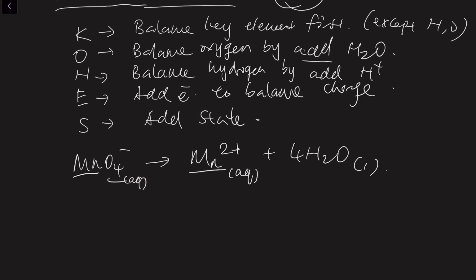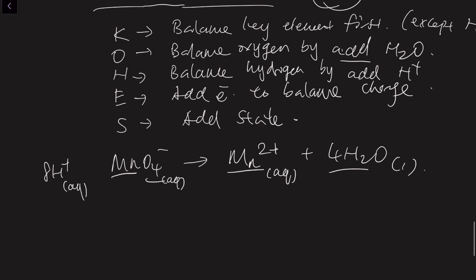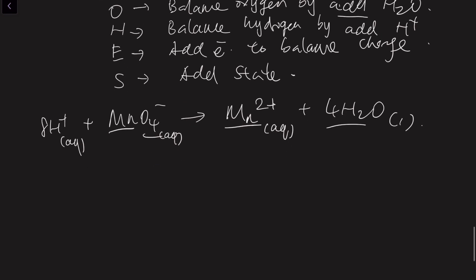Now let's balance the hydrogen. We have 8 hydrogen on the right, so we need 8 on the left. Now let's balance the electrons, balance the charge. So the charge on the right is +2.